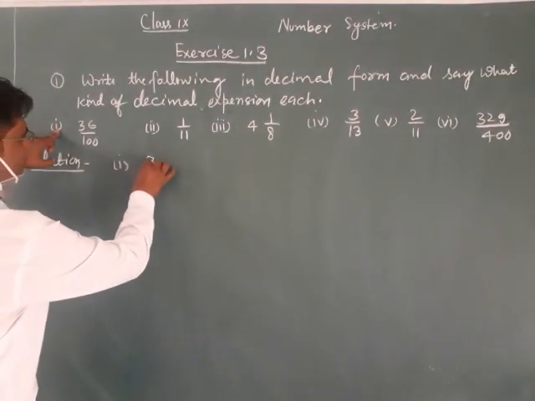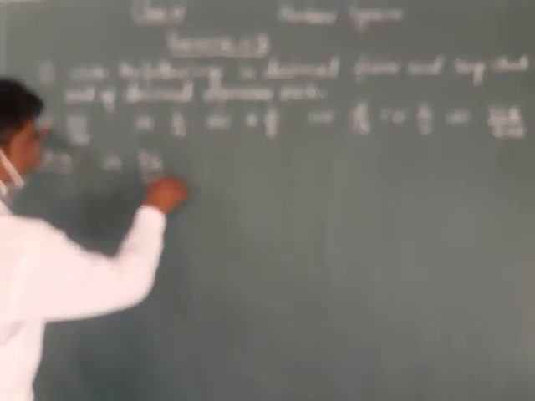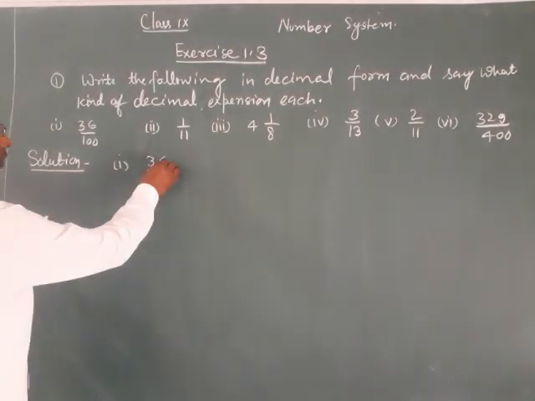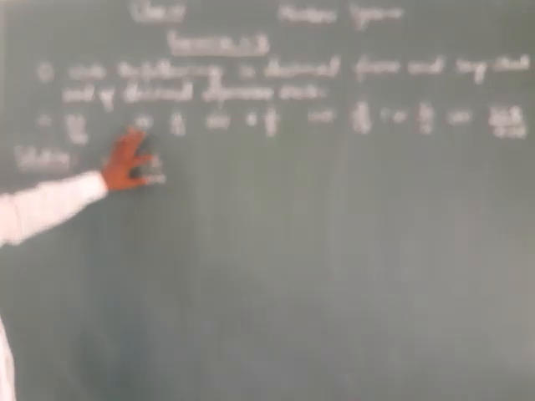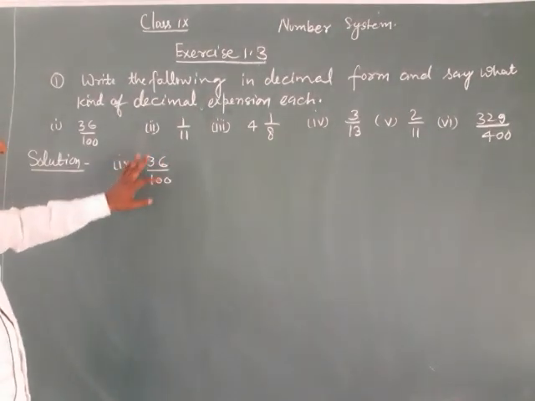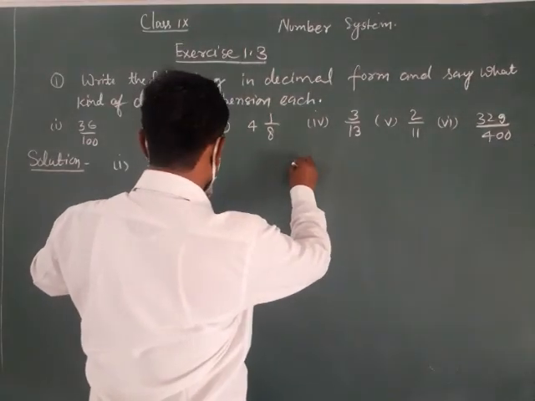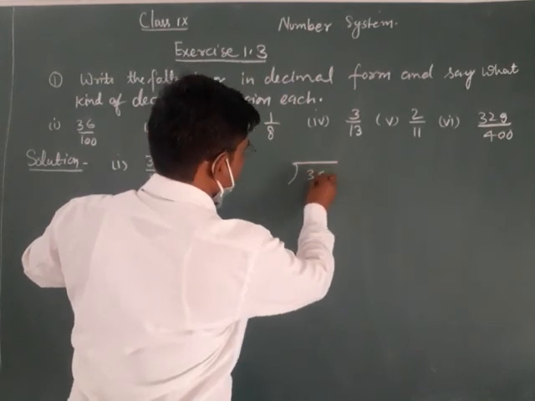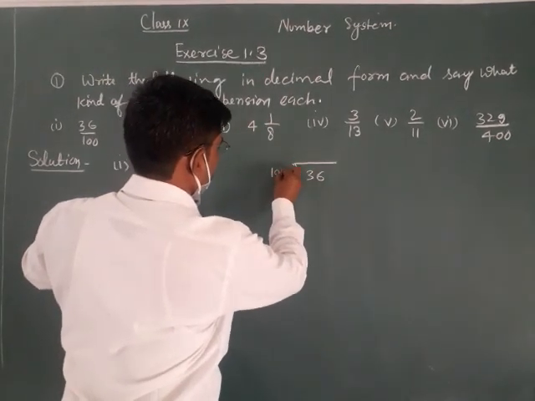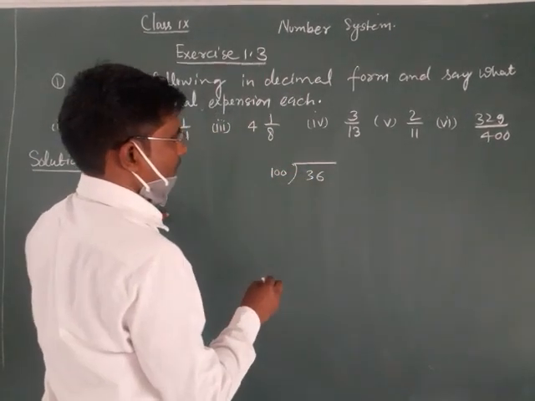First part, 36 upon 100. So now divide 36 by 100. You can solve by the division method. 36 divided by 100.